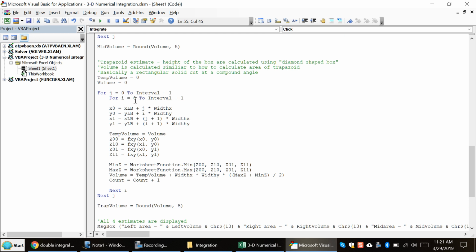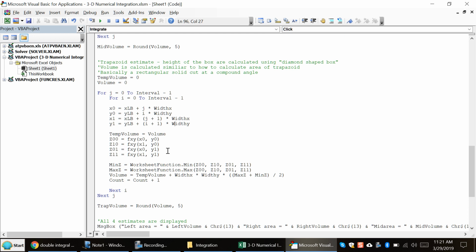basically this is what I do. I calculate 4 points. So instead of just x, y, I calculate x0, y0, x1, y1. Okay? And I calculate the low points. I calculate the low x's and the high x's, the low y's and the high y's. So I basically calculate the 4 points.